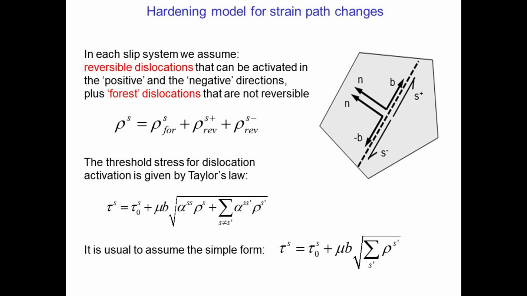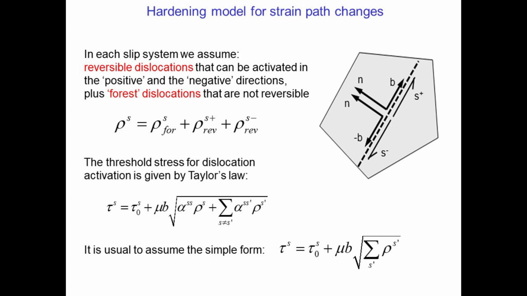S and S prime? Yes, prime. This is the critical resolved stress to move dislocations in the system S. So if there are dislocations in the system S prime, so in any other system, those dislocations are going to oppose. If there is no dislocation in any other system, you only glide on one system, then you have this parameter, alpha SS.